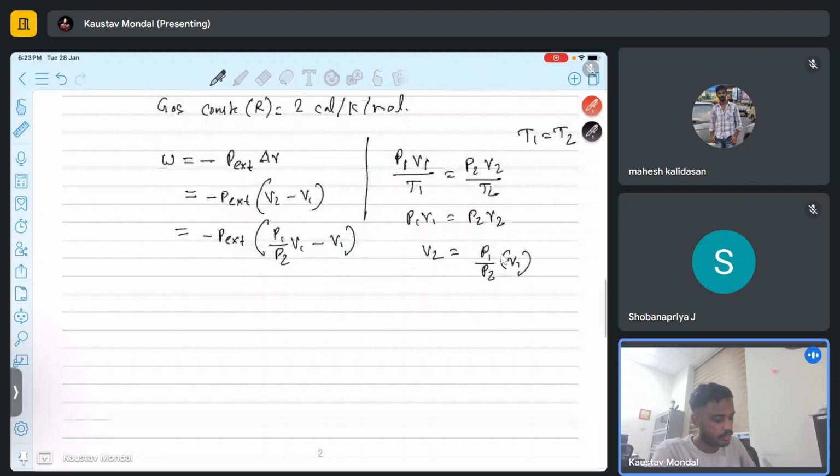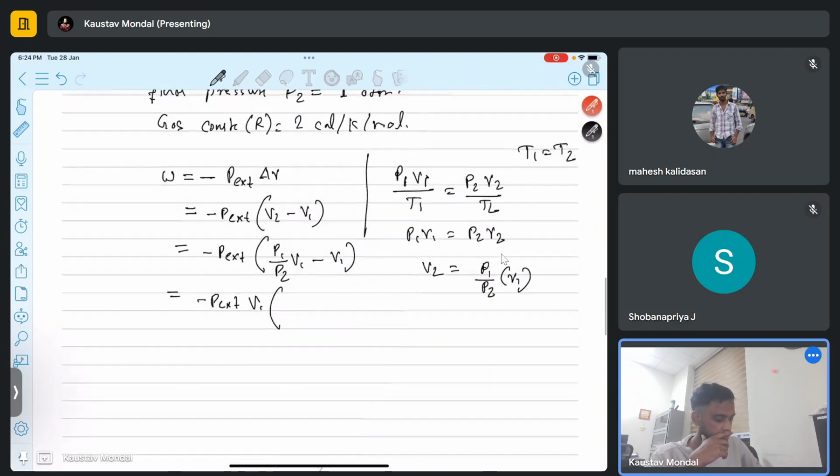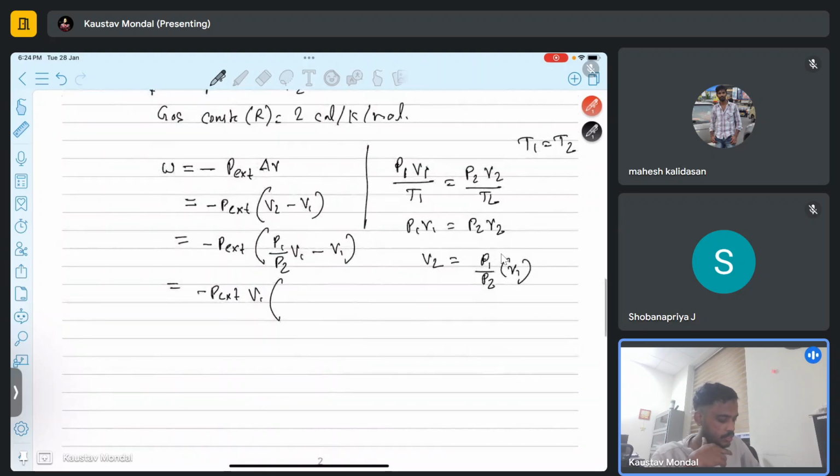Now we can just take P external V1 as common, and we know the P1 value is 10 atm and the P2 value is 1 atm. We substitute it here: 10 by 1 minus 1.